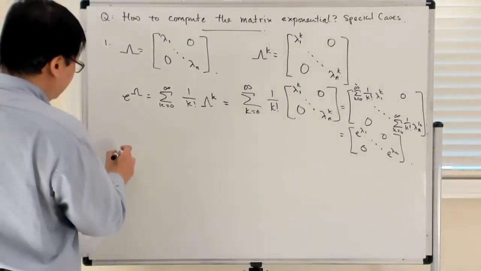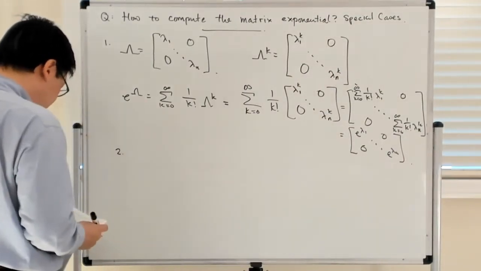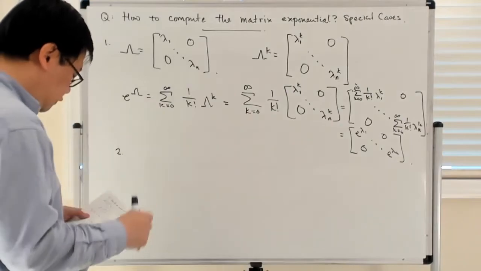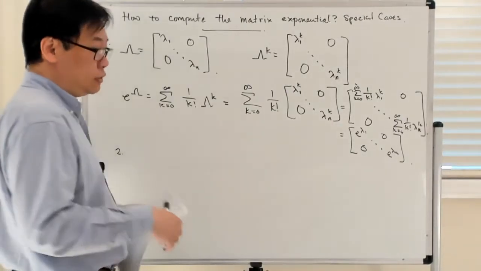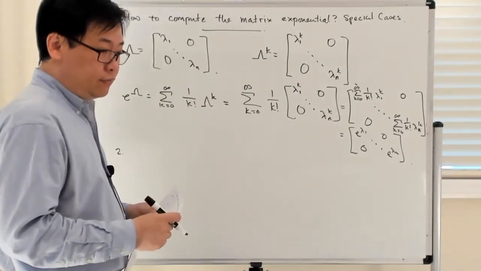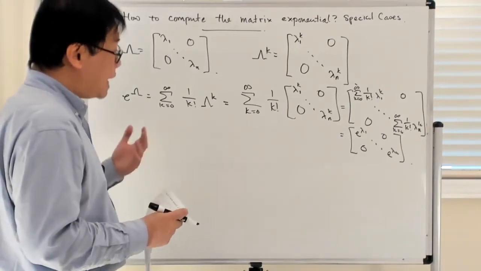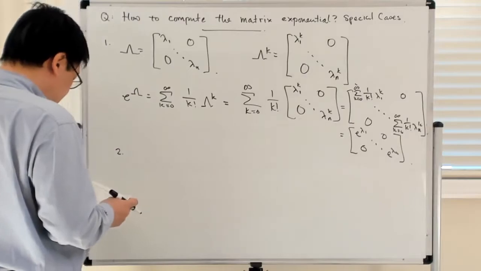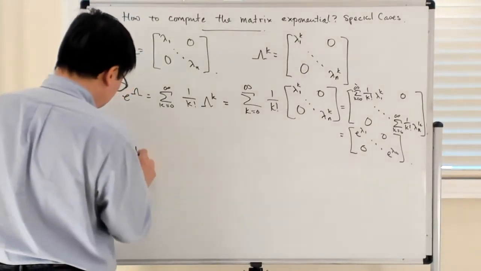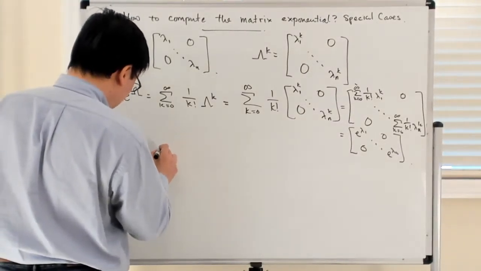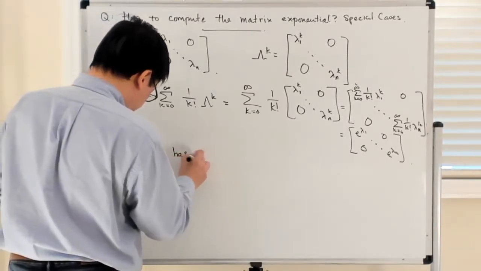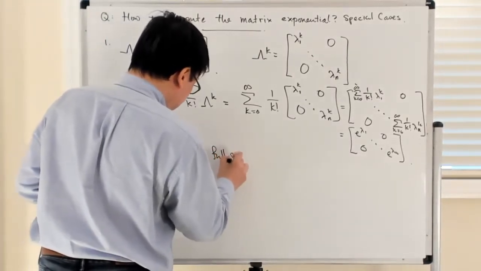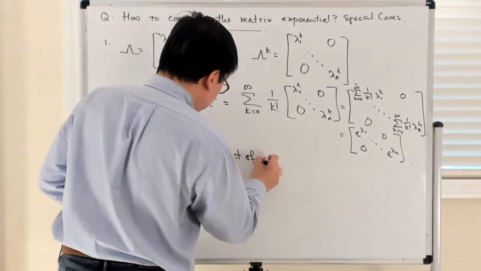Another case to look at is if A has a full set of eigenvectors. You probably know that if A has a full set of eigenvectors, then you can diagonalize the matrix in the following way.